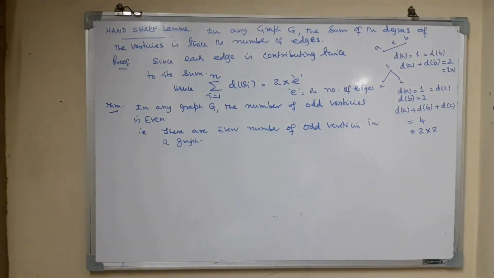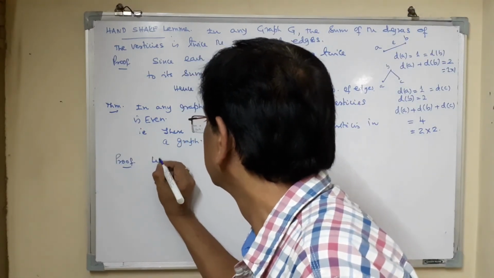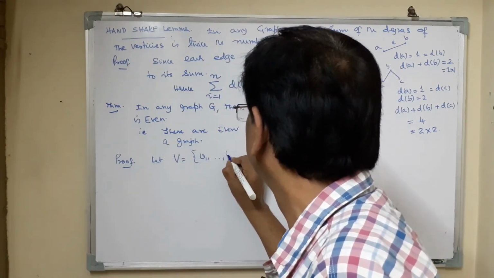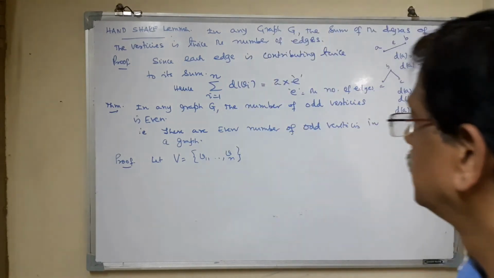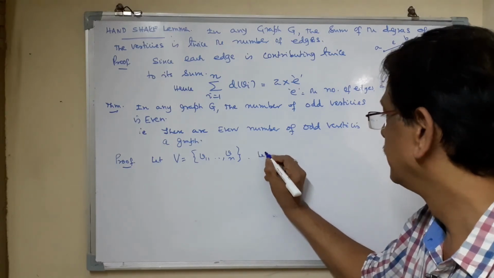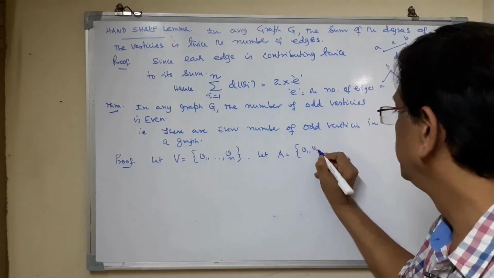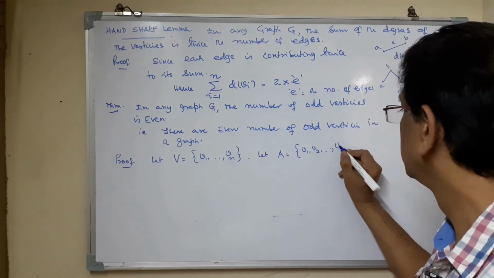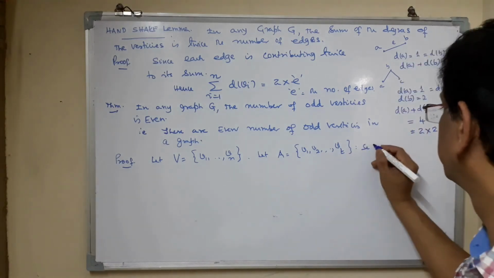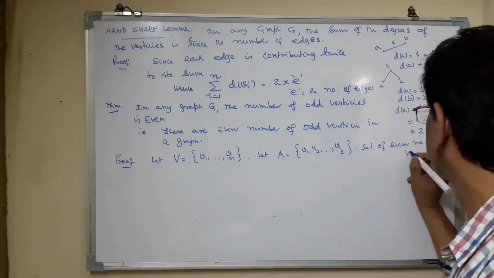Let us see the proof. Let V be equal to {V1, V2, ..., Vn}. Let A be equal to {V1, V2, ..., Vt}, the set of even vertices.